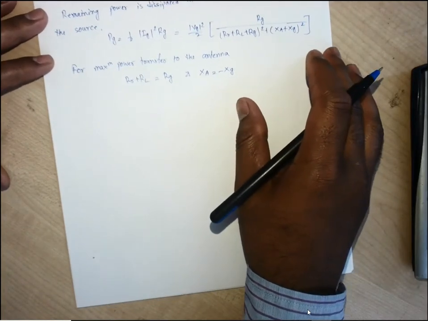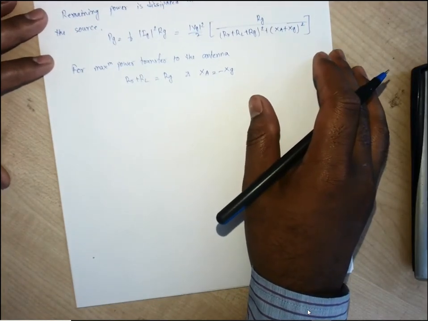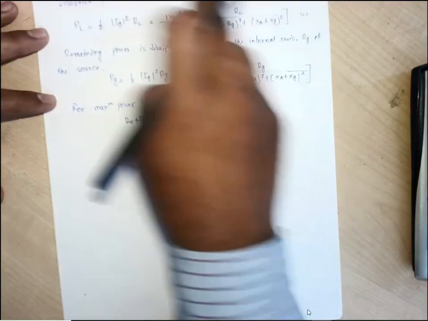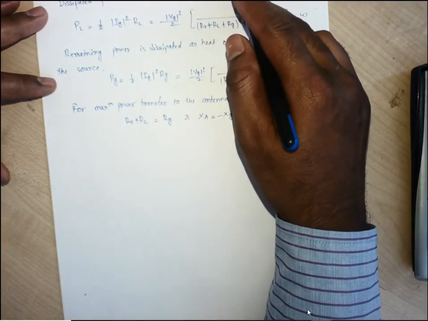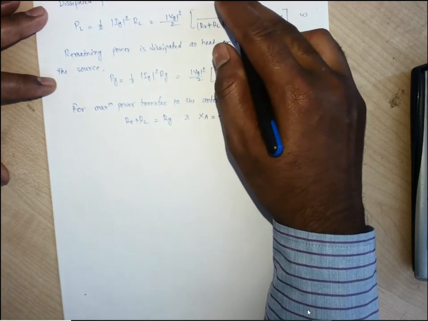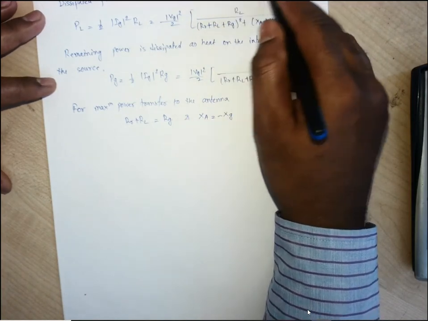For this case, if we modify this PR, RR plus RL will be Rg, so this term will be 4 times RR plus RL squared, and the reactance part will be 0.